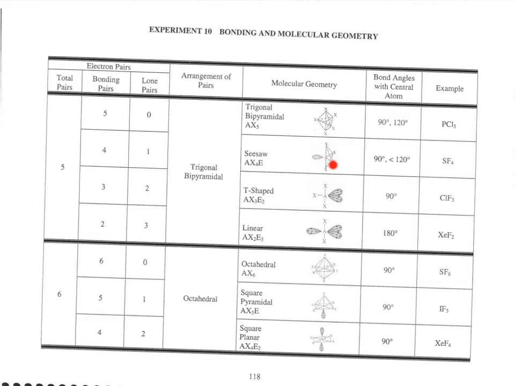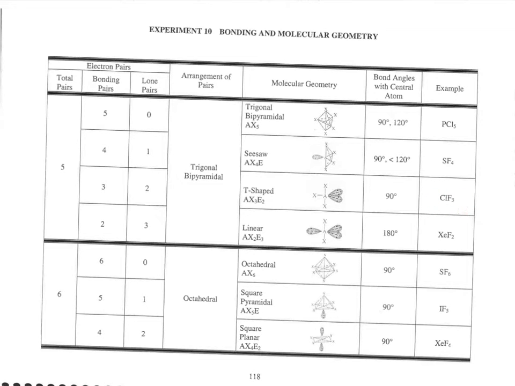But if you put them here, the angle is about 120, much larger than 90. So this is less crowded and more stable. This molecular geometry is called T-shaped. The bond angle is about 90 degrees. An example is chlorine trifluoride.